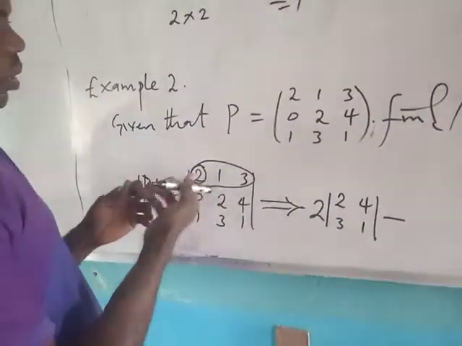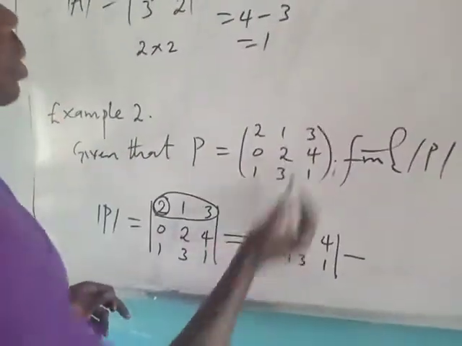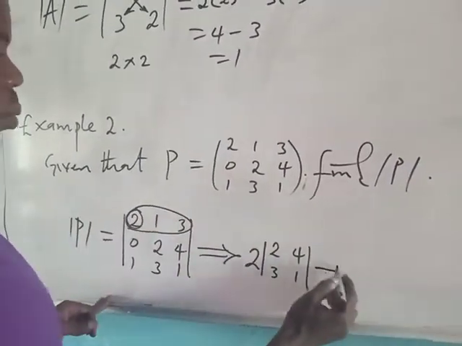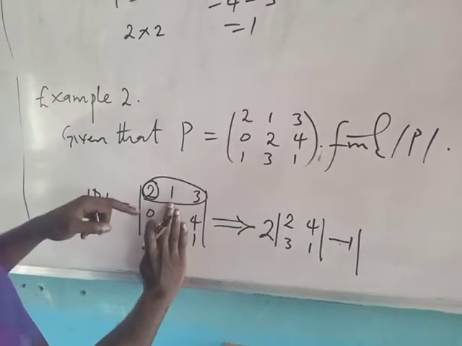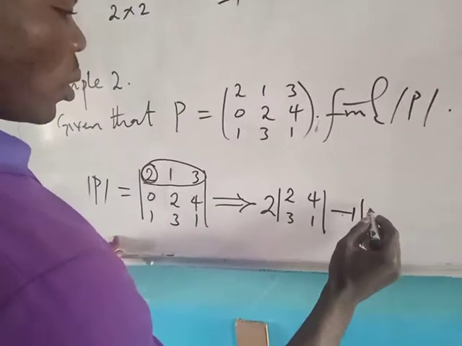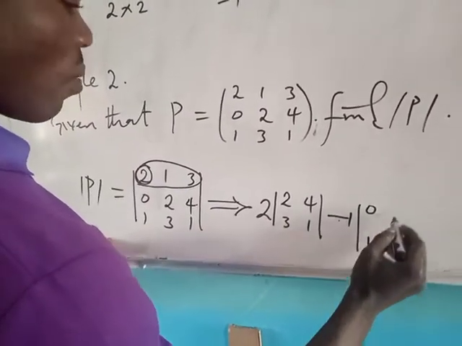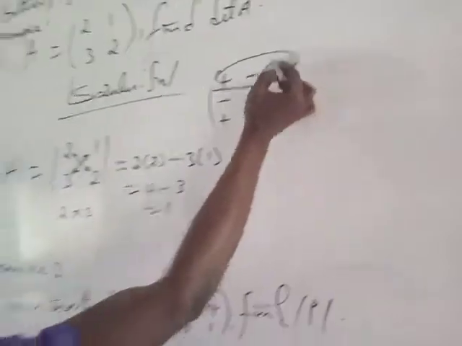So this is for 3 by 3. If we are considering this first row, the first is plus, and the second one is minus. The element there is 1 into, so we are not touching this, we are writing 0, 1, and 4, 1. And the third one is plus.